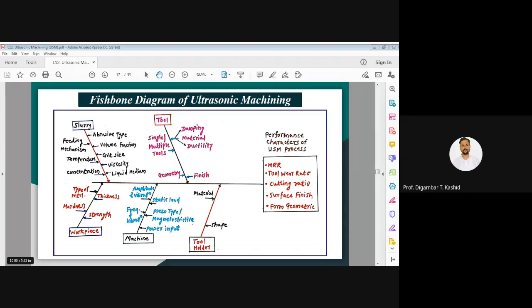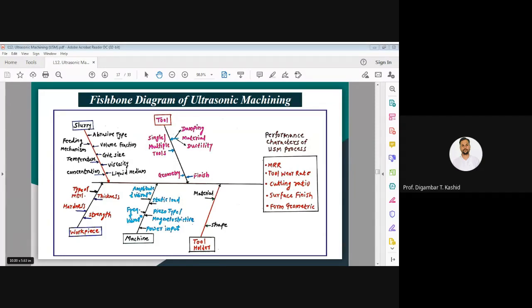If the finish is not good, then this will be reflected to some extent on the finish of your machined component. Also, definitely the geometry of the tool will affect the geometry of the machined cavity, because whatever cavity we want on our workpiece, the inverse replica of that cavity we give as the shape of the tool. So the geometry of the tool will affect the geometry of the machined cavity that you are going to get on your workpiece.